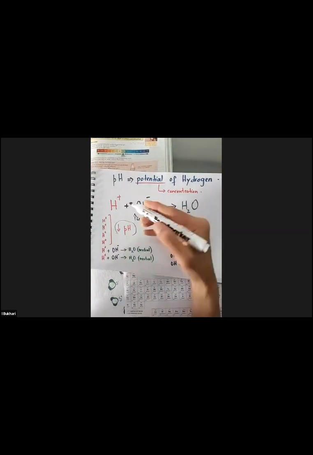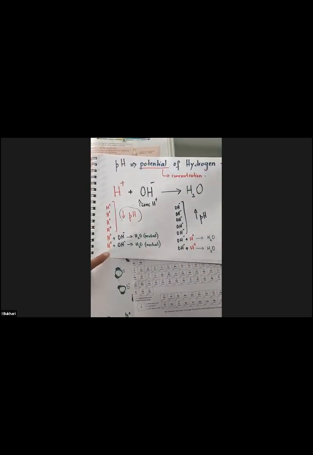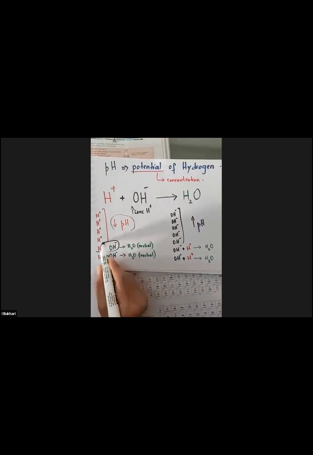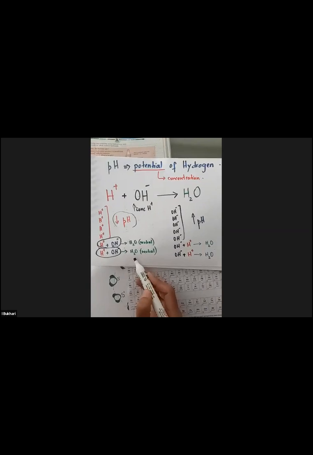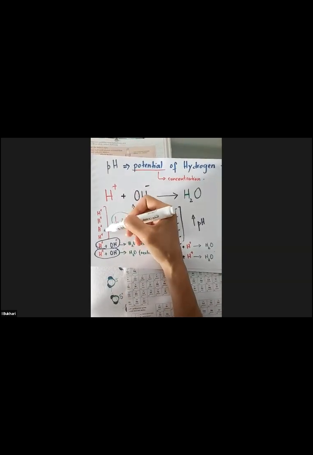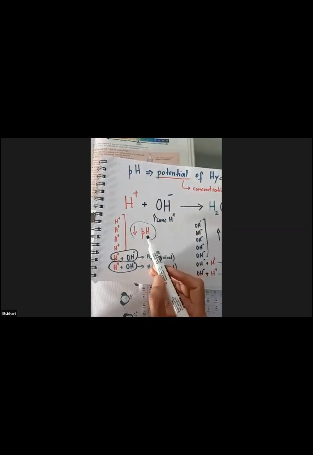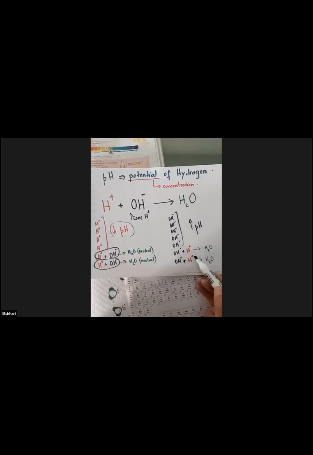See, when you have a lot of hydrogen ions compared to hydroxide ions, they will react together to give you neutral water molecules. But what about the remaining hydrogen ions? They are left unreacted. They will remain in the solution giving low pH, because of the high concentration of hydrogen ions.